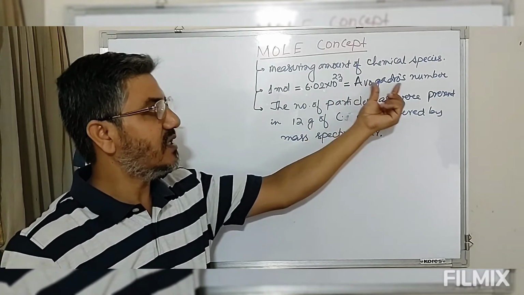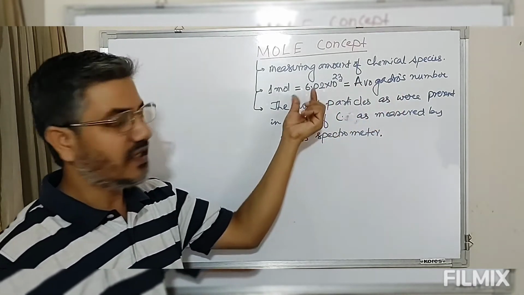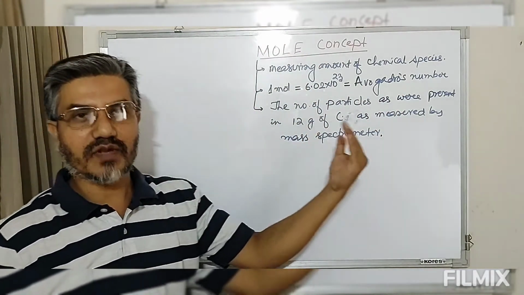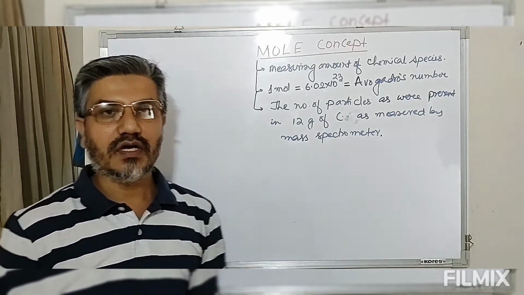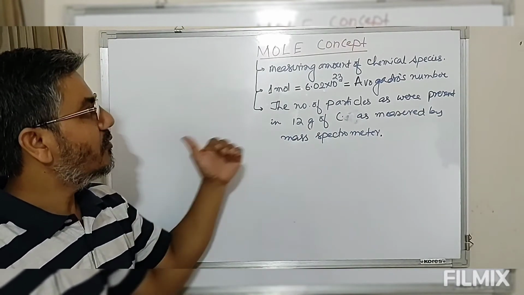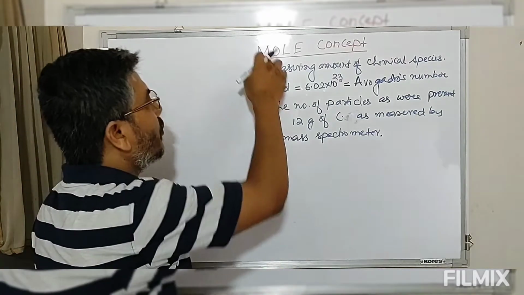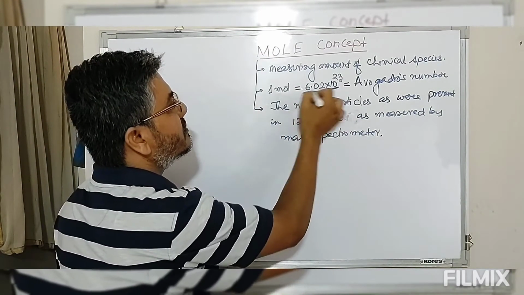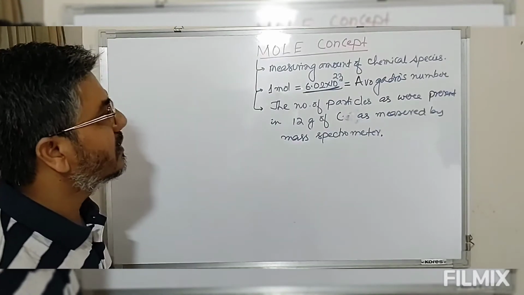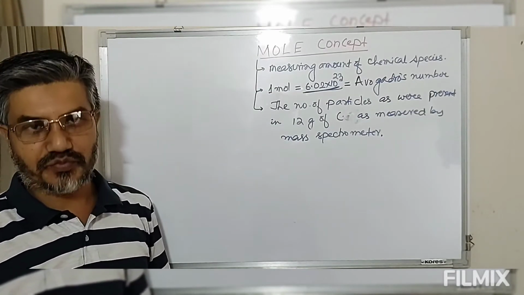That is defined as Avogadro number, which in earlier case we define in terms of gram atom or in terms of gram molecule. So this is from where these values 6.02 into 10 to the power 23 comes into picture.